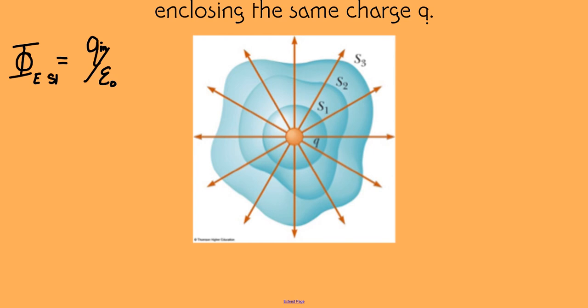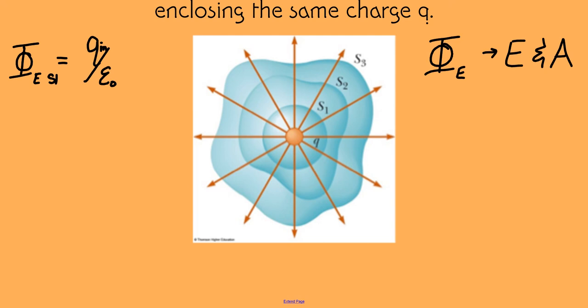Now, we know in general that the electric flux depends on the electric field and the area. Well, it just so happens here that as your area increases, because we're getting further away from the object, my electric field decreases. So guess what?